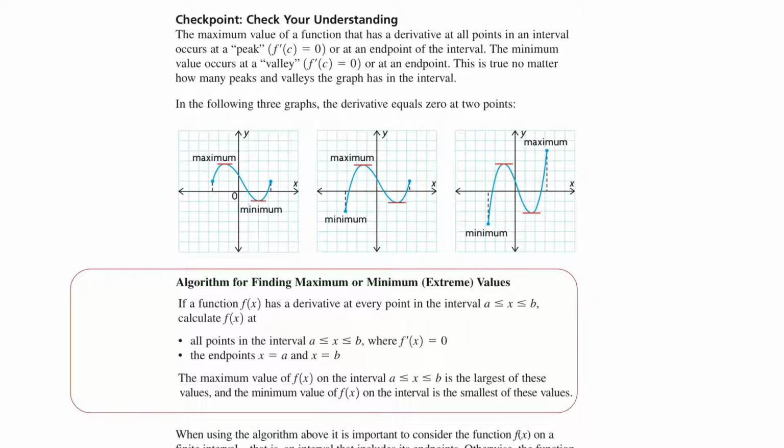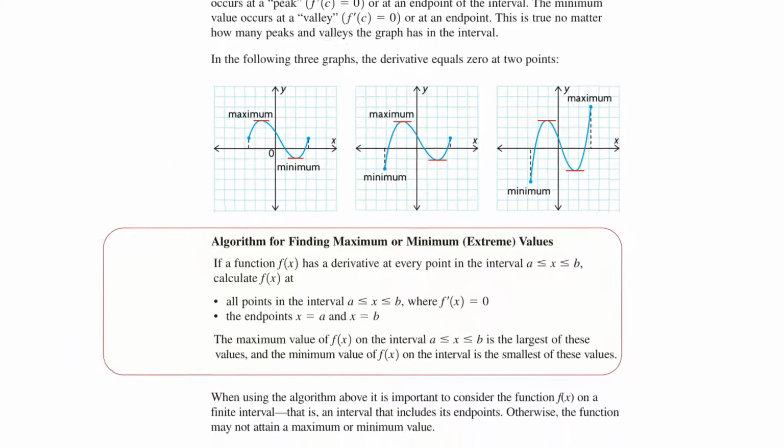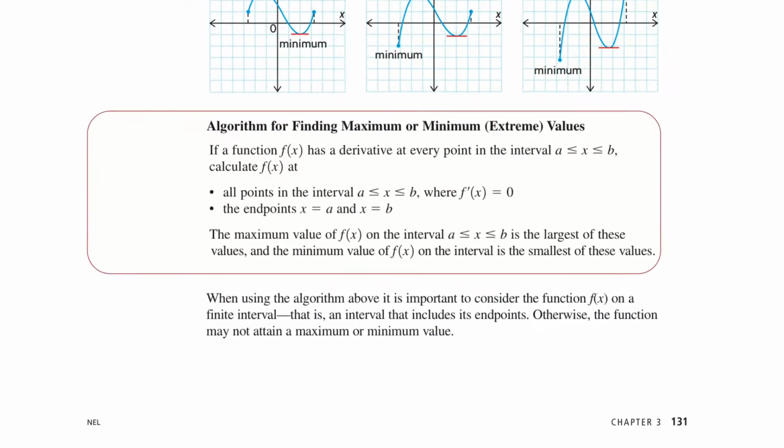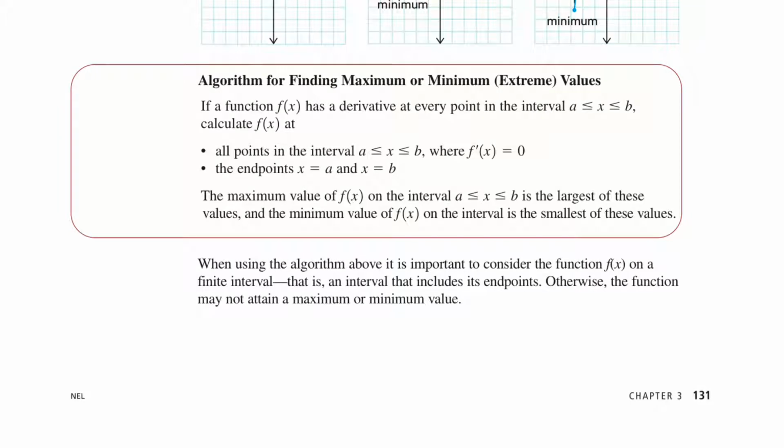In summary, we can have this algorithm to find the maximum and minimum values of a function on a closed interval. If a function f of x has a derivative at every point in the interval a and b, we calculate the derivative and set it to 0.